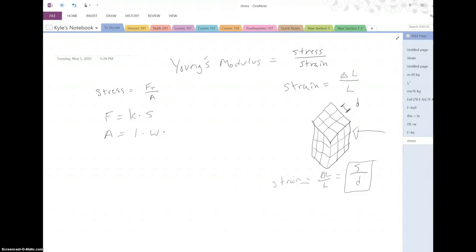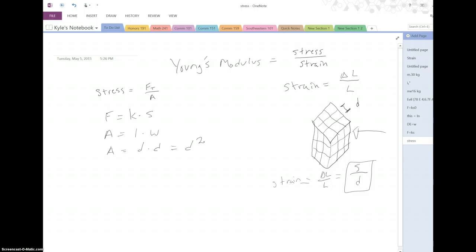Since the length is equivalent to the width, and both are d, area is equal to d times d, which is d squared.